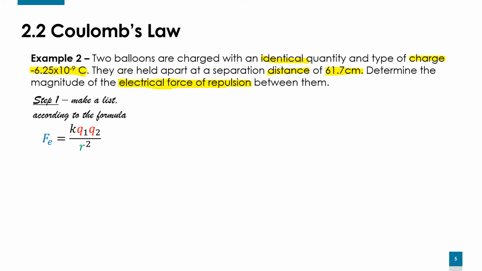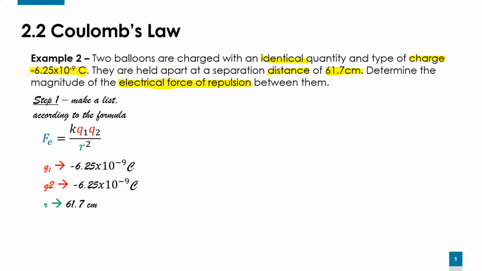What do I have from the problem? Q1 is minus 6.25 times 10 to the power minus 9, and they are identical, so my Q2 is exactly the same, minus 6.25 times 10 to the power minus 9 Coulomb. What else do I have? The distance, 61.7 centimeters.